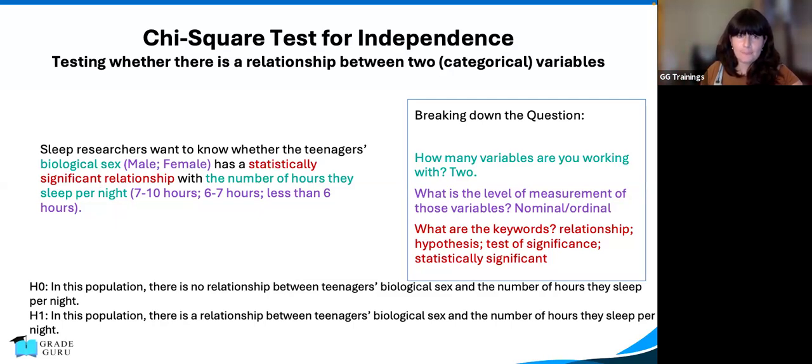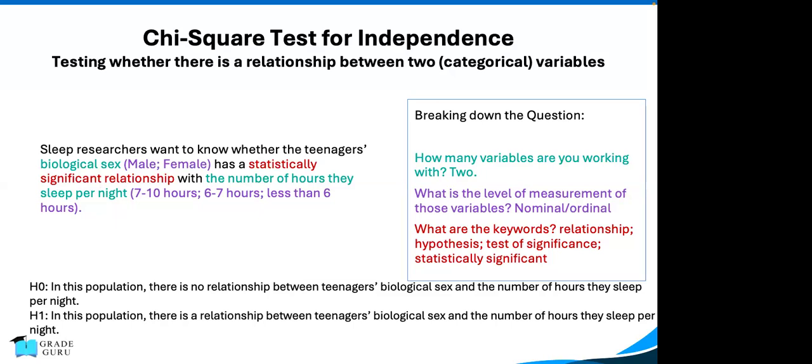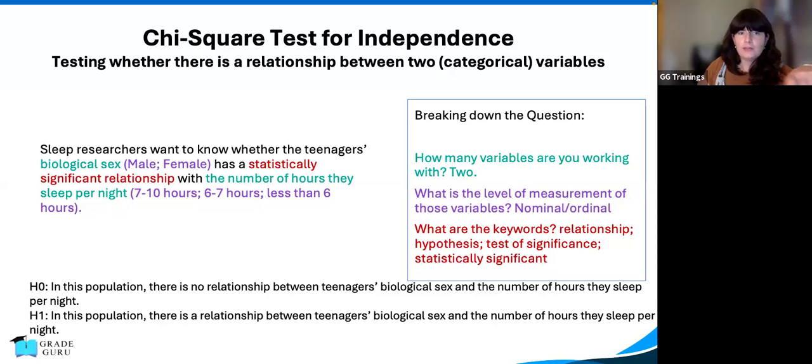Okay. So they're always going to include those 3 words for chi-square test for independence? It's not that they have to say statistically significant. It's that significant, that word, is associated with the tests of significance, right? So you need to keep an eye out for these kinds of things.